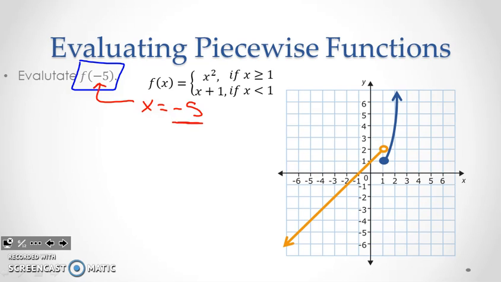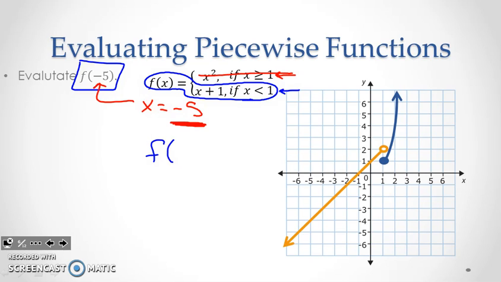So if x equals negative 5, is negative 5 greater than 1 or less than 1? I hope you said negative 5 is less than 1, which tells me this is the function I need to pay attention to, and I can forget about the other function for this case.